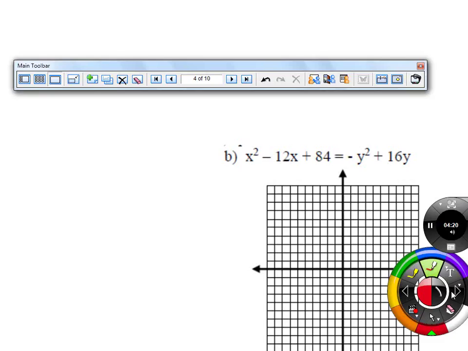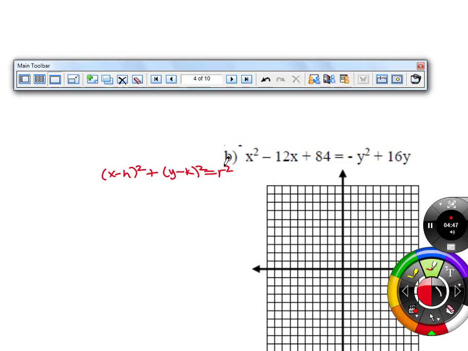All right, the other type of problem you could be given has the equation, but not in the form that you expect it to be in. So here is where our completing the square is going to come in handy. We basically want a group of x as a perfect square, and then another group of y as a perfect square, and then the constants on the other side to represent our radius.